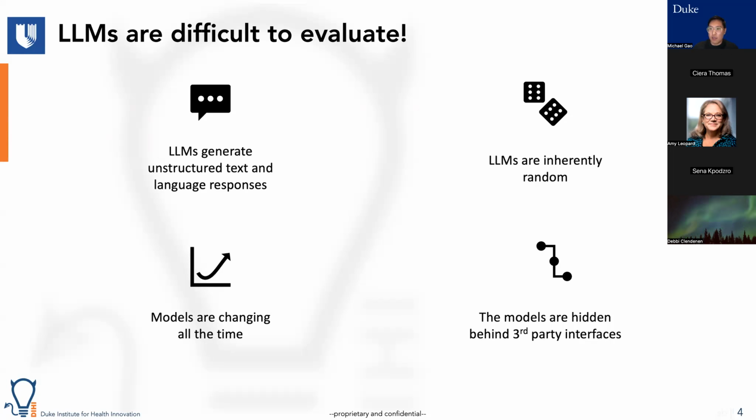If you keep up with what the frontier models are, you'll see that every few weeks, the leaderboards sort of change and new models get released, and it's very difficult to keep up with. And then a very major point is that the models that are used by most vendors these days are hidden behind third-party interfaces, meaning that it's not like your health system or your hospital controls the compute on which these large language models run, which introduces a layer of abstraction that is difficult to work with sometimes. So I'll show some examples.